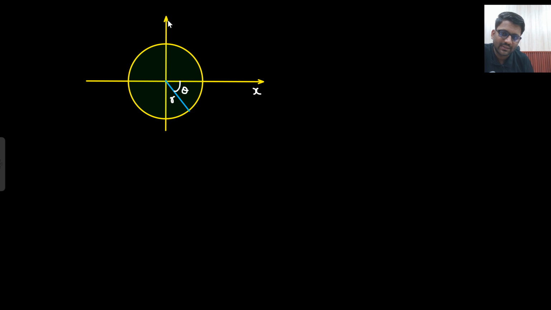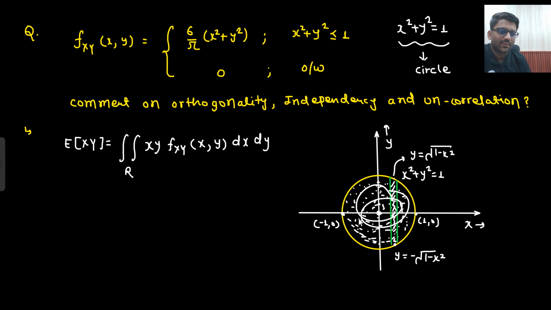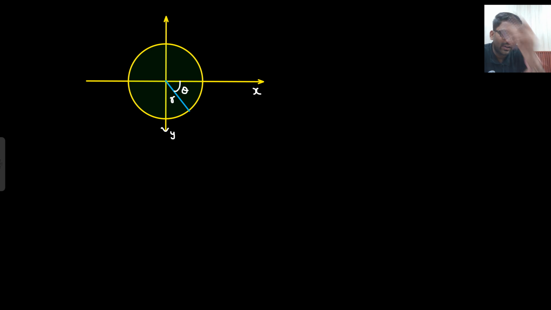This is my x, this is my y. So I will work in the direction of r and then in the direction of theta, and I will get the complete circle. Basically I need to cover this particular region, so I will work in r and in theta.